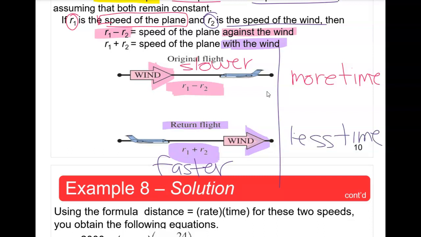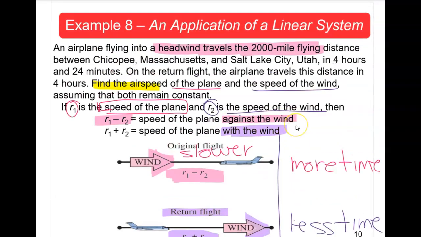You could see the times are listed here in the question. It says that on the way there, it took 4 hours and 24 minutes. And on the return flight, the time was only 4 hours.